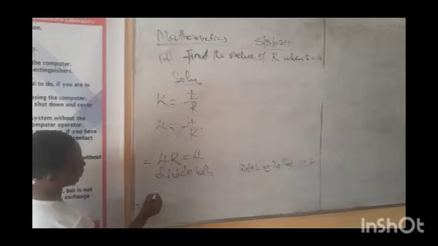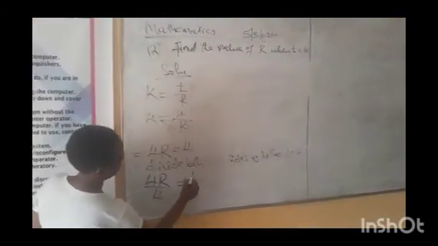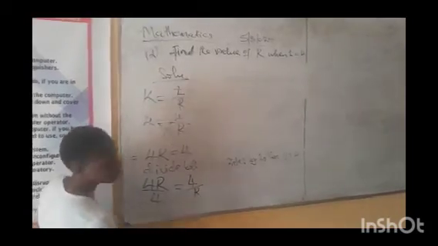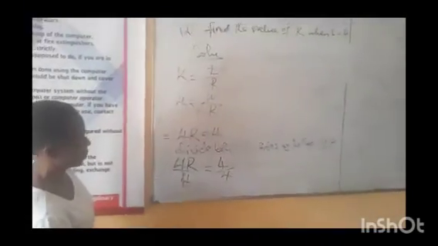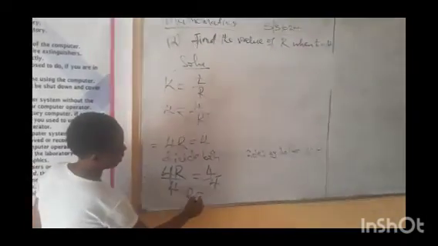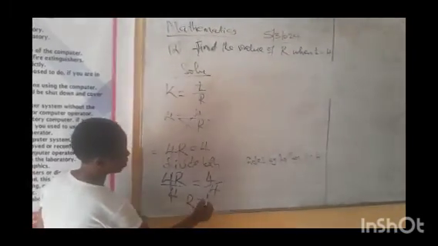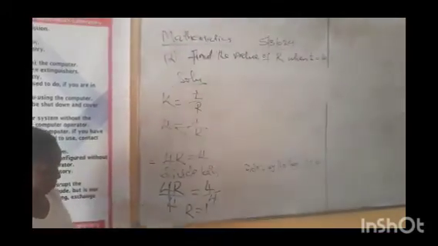So now we have our r separate, is equal to 4 divided by 4 to give us 1. So our r here is 1.